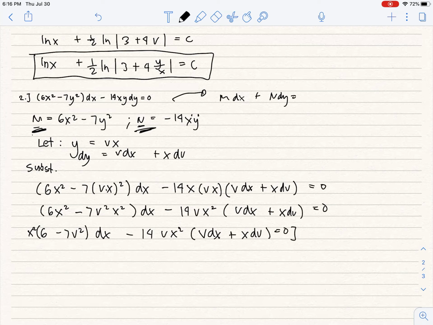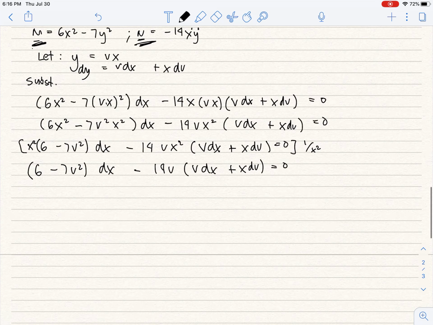So divide both sides by x squared. So this is now 6 minus 7 v squared dx minus 14 v multiplied by v dx plus x dv is equal to 0. Okay? Okay, so di ba mas simple na ang DE.